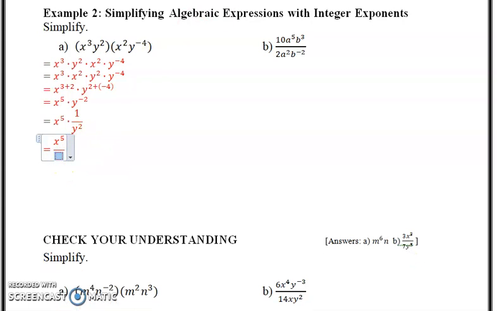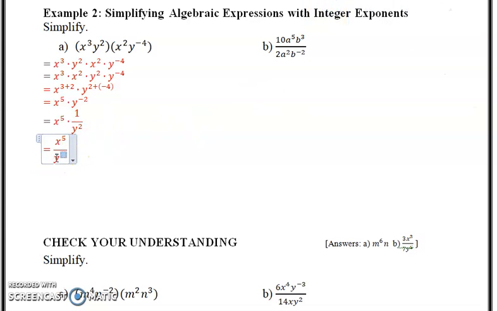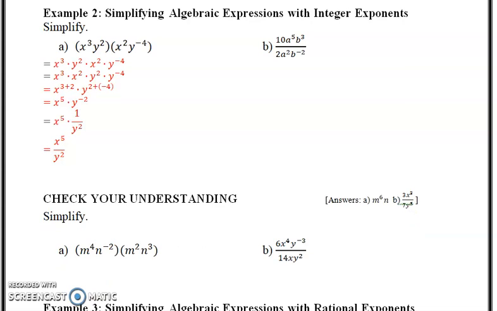Sorry about that, I pressed the wrong button. Y squared. So the final answer, simplified, is x to the power of 5 divided by y squared. And there's your final answer. You cannot simplify that anymore.